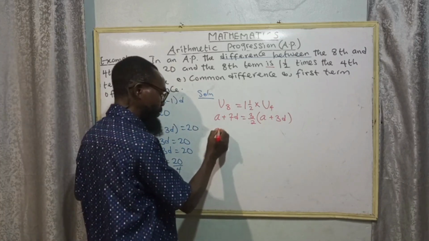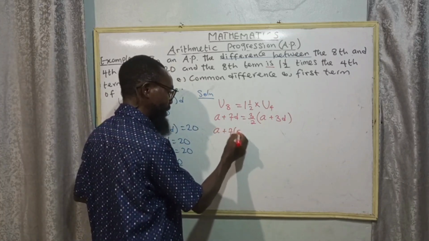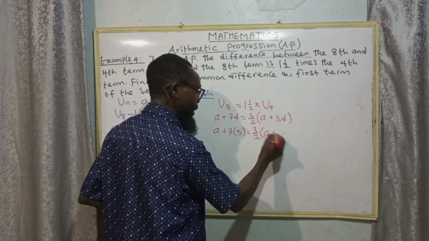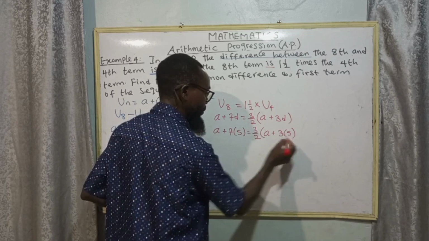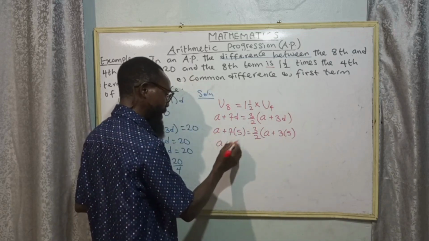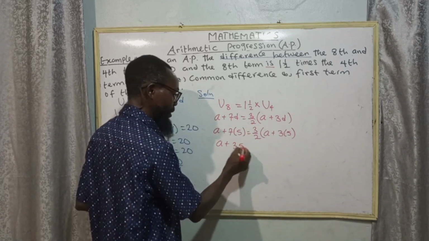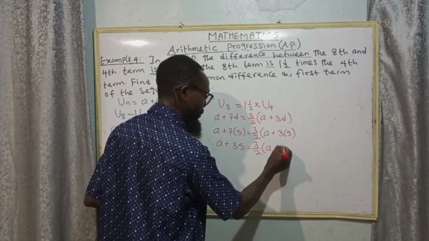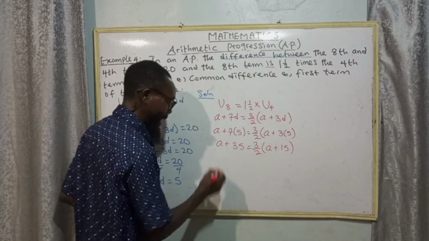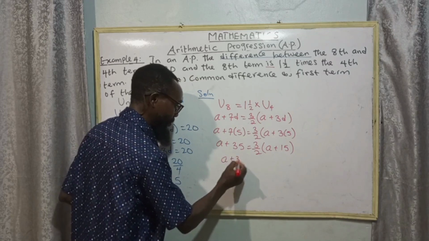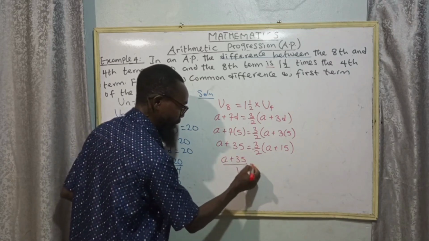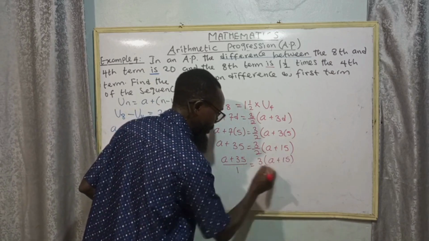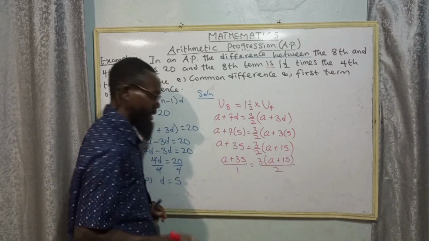Don't forget, we've gotten the value of d to be 5. So I have a plus 7 times 5 equals 3 over 2 bracket a plus 3 times 5. So I have a plus 35 equals 3 over 2 bracket a plus 15. From here, I can say a plus 35 over 1 equals 3 bracket a plus 15 over 2.